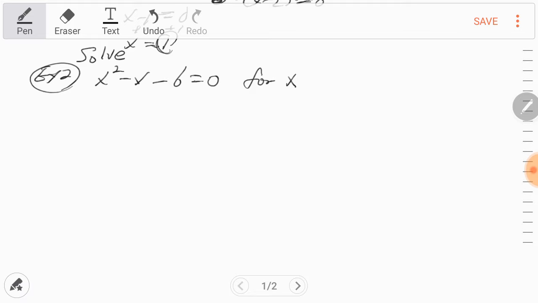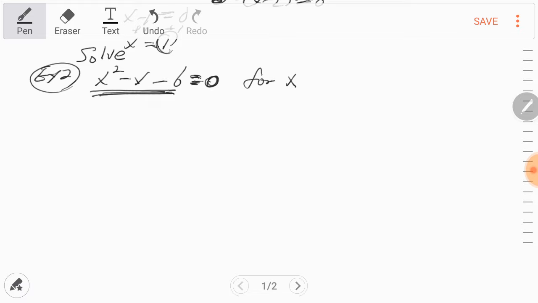So what are the values of x so that the equation will be true? Using the zero factor property, the right side is 0. So why don't we factor the trinomial on the left side of the equation? If this is factorable, then we can set each factor equal to 0 and solve for x.